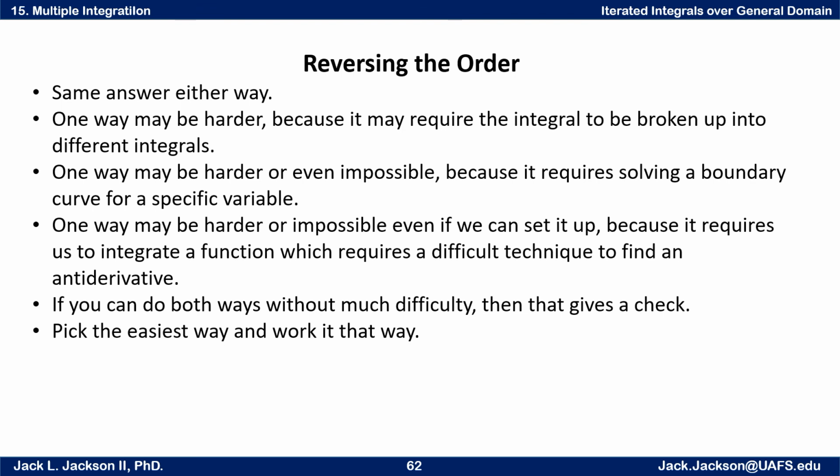But one way or the other might be harder when we reverse the order because of several things. Number one, it may require the integral to be broken up into different integrals. That makes it a little bit longer or harder. One way may be harder or even impossible because it does require solving the boundary curve for a specific variable.